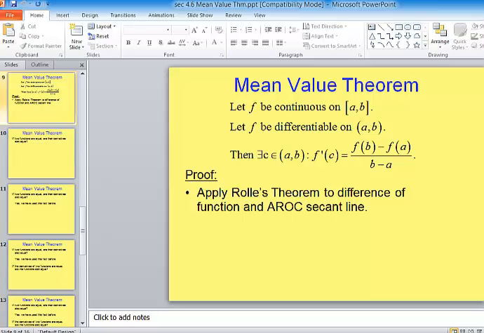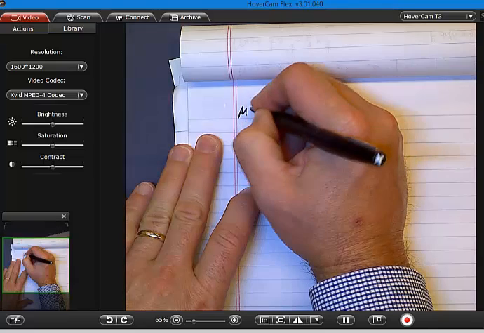So this is actually really kind of fun to prove for me. So here we go. I'm going to need a new sheet, I think. So I'm going to get a blank page, and we'll try and prove the mean value theorem. Here we go. This is actually good for us to just practice, okay? So here we go. MVT.